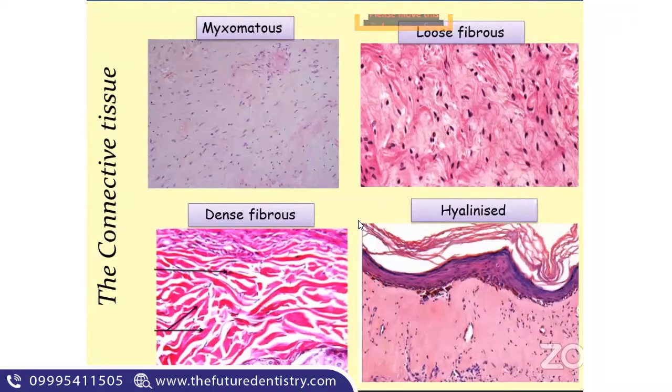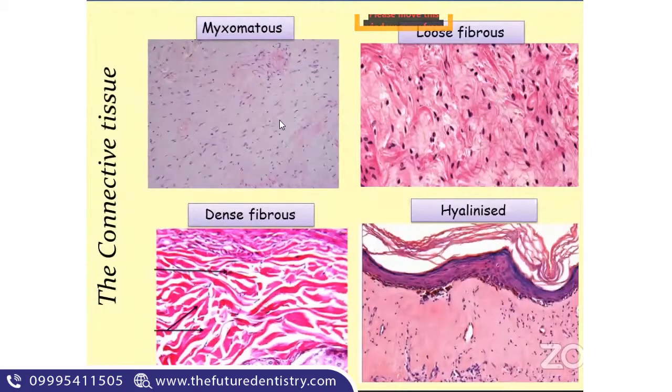However, you can also see a certain degree of abnormality in myxomatous connective tissue and hyalinized connective tissue. Myxoma means jelly-like substance, as a result of which that jelly-like consistency of the tissue translates to this nature of histology. Note the staining property here on the right of normal loose connective tissue, and note this.